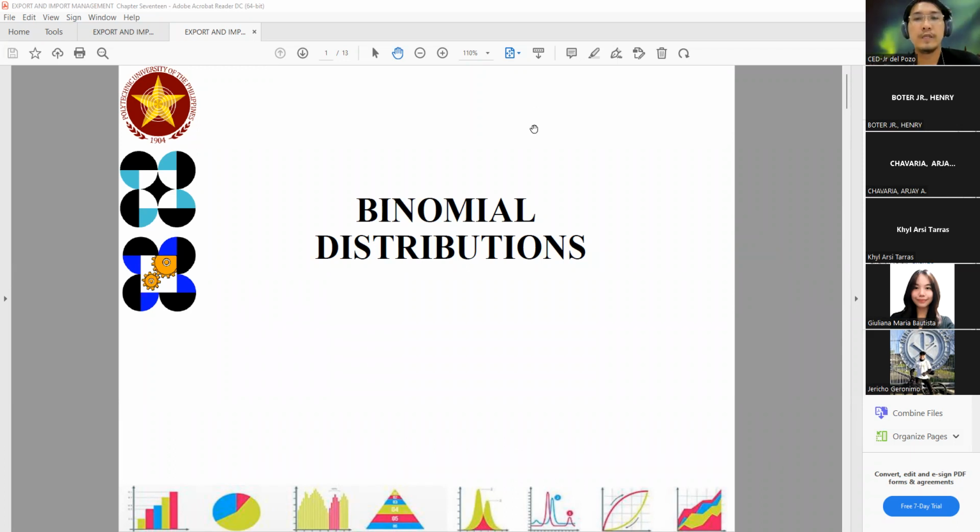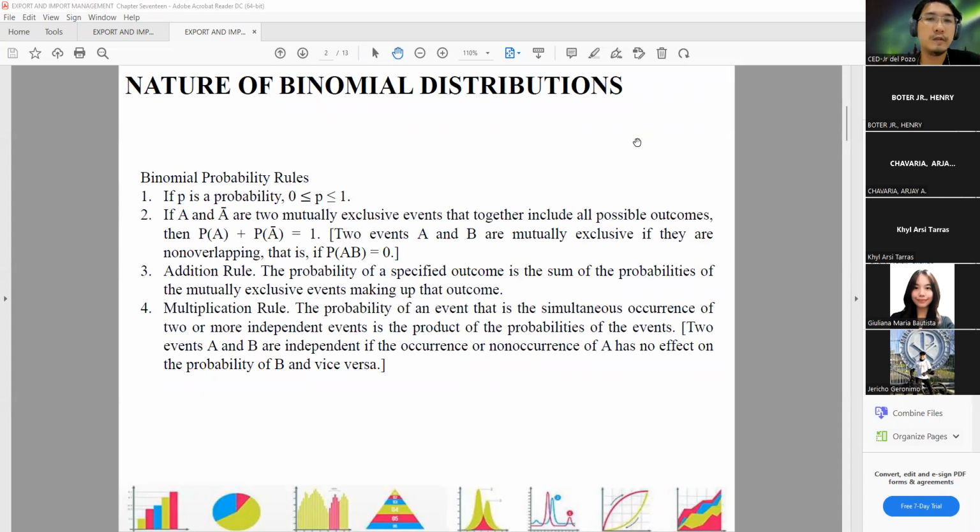Okay, let's define first the binomial distribution. The nature of binomial distribution rules is that if P is a probability, then P is greater than or equal to 0 but less than or equal to 1. So pina-follow pa rin natin na yung probability, the chances are within 0 to 100%.